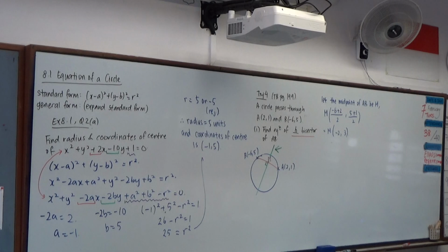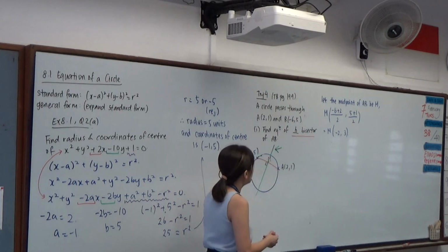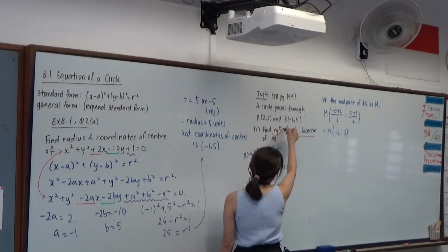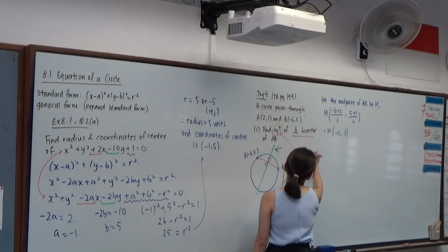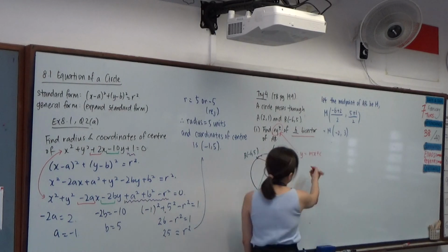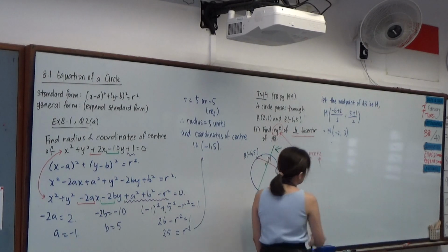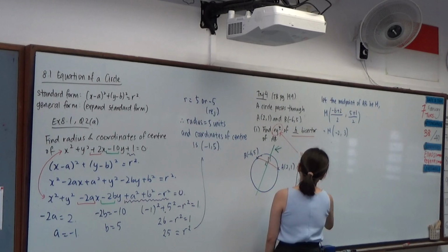So what's the purpose of us finding the coordinates of the midpoint? Maybe I sidetracked a little bit, because the question wants us to find the equation. In order to find the equation of a line, we know that it is y equals mx plus c. To know the value of m and the value of c, I need the gradient, and I also need the coordinates of at least one point on the line.